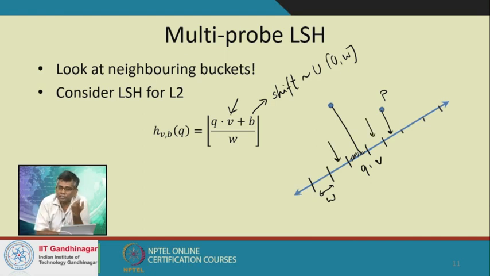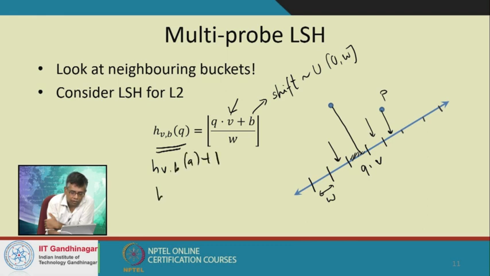That is, if it's not in the same bucket as Q, then it's likely in a neighboring bucket. Which means that if P does not happen to be in this bucket HVBQ, then it's probably been assigned HVBQ plus 1 or HVBQ minus 1.